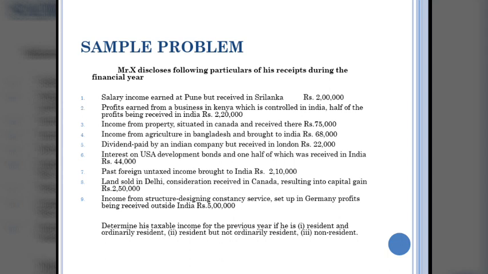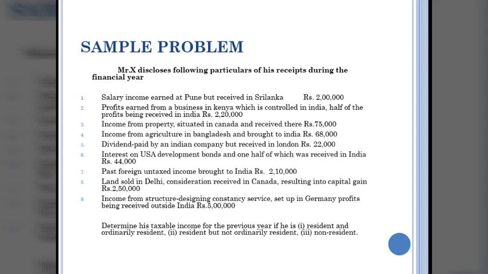Next one is profits earned from business in Kenya, which is controlled in India, half of the profits being received in India, rupees 2,20,000. So in the 2,20,000, you calculate 50%, 1,10,000. 1,10,000 is received in India.